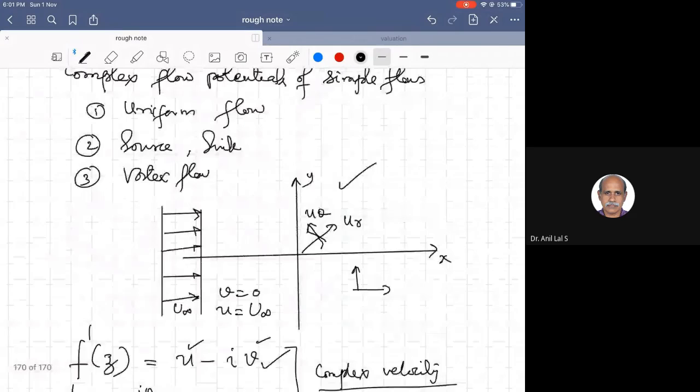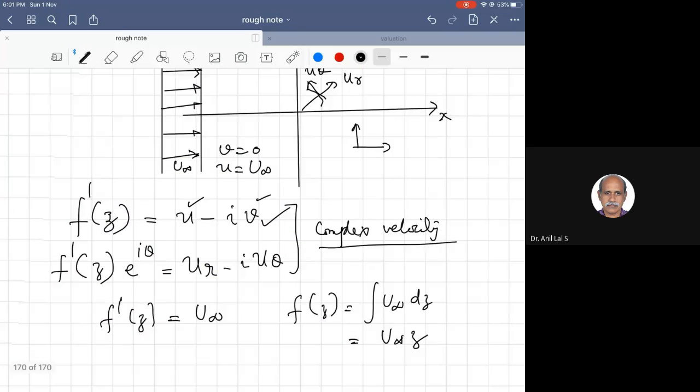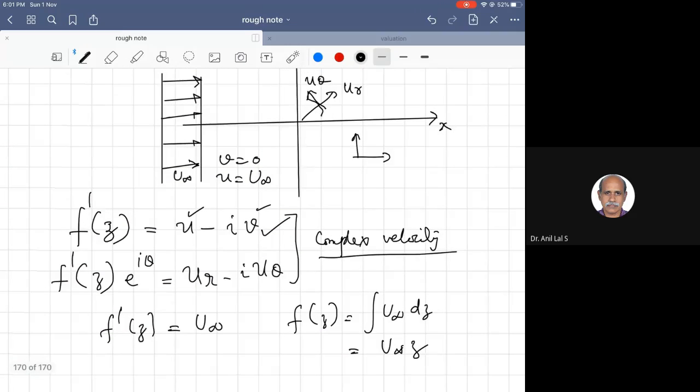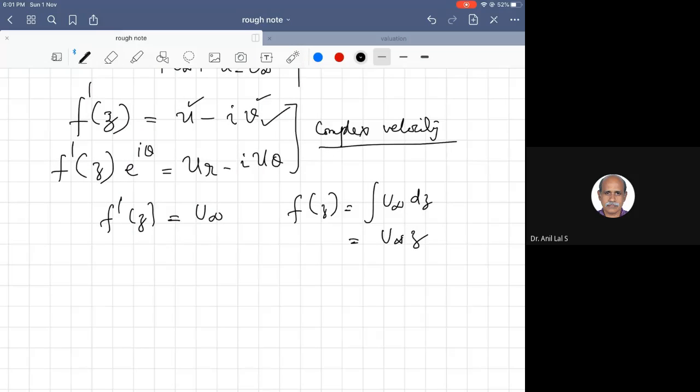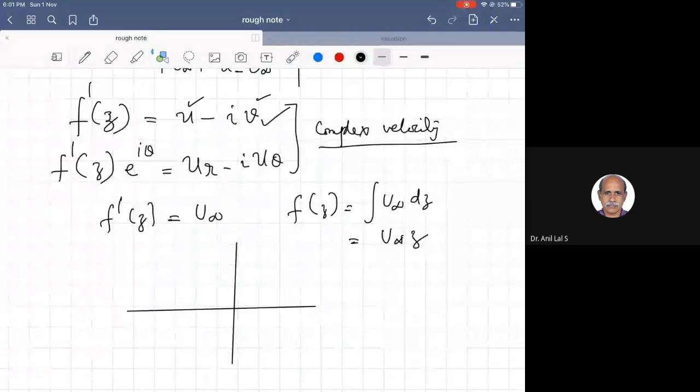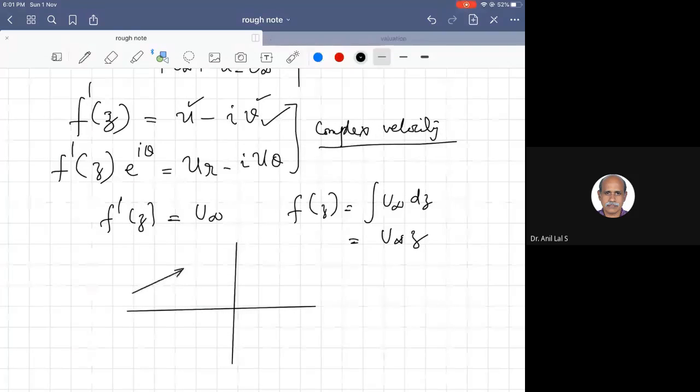This is the flow which is parallel to the x-axis, but we can have a uniform flow inclined to the x-axis also. So in that case, suppose you have an inclined velocity, with x-axis and y-axis.